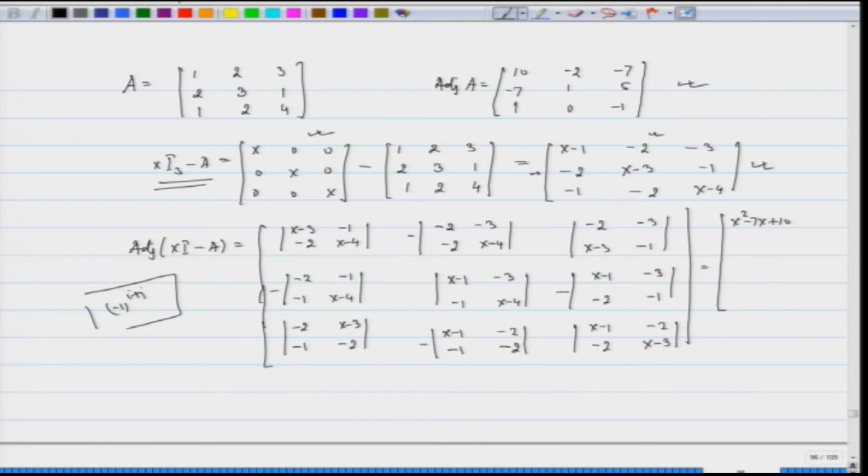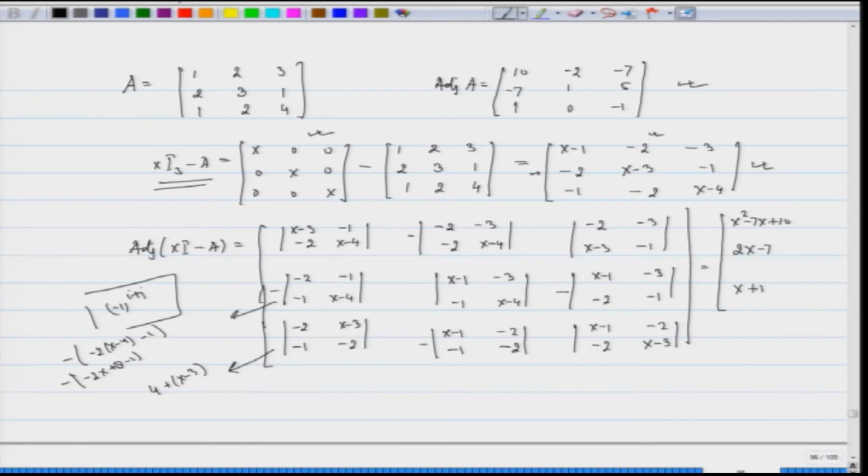As I said, I always make mistakes. If I look at this part, it gives minus of minus 2 times x minus 4 minus 1, which is minus of minus 2x plus 8 minus 1, which is 2x minus 7. If I look at this part, it is a plus sign, so it is 4 minus minus plus x minus 3, so it is x plus 1.